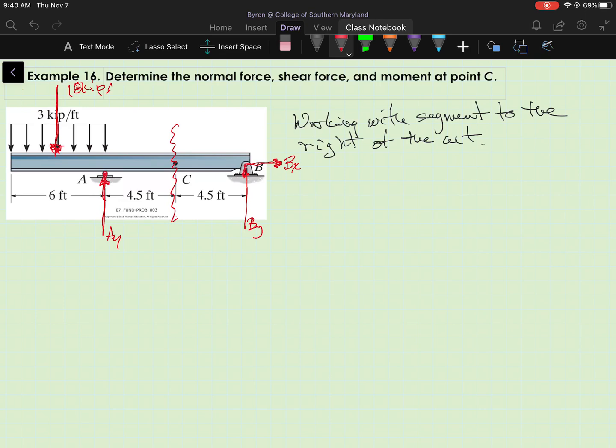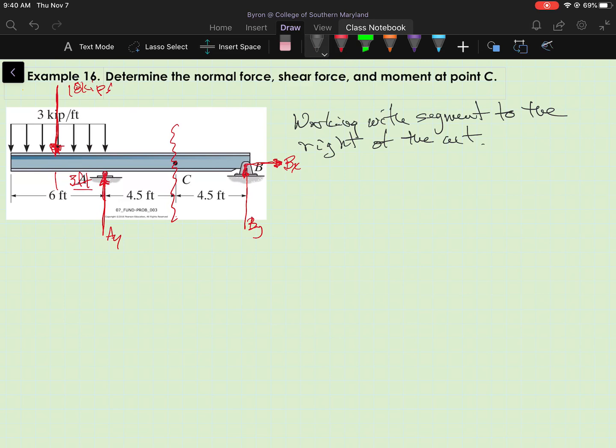And that is acting 3 feet to the left of A. It acts through the centroid of that rectangular area, which is 6 feet wide.